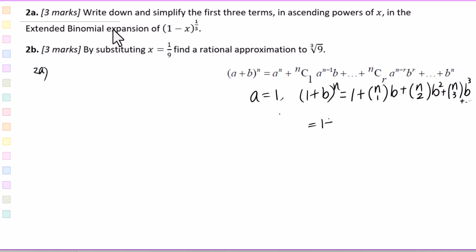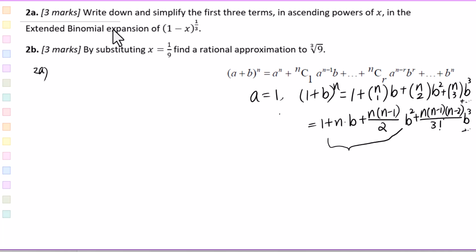Simplify: 1 plus n times b plus n choose 2, we can write down n times (n minus 1) over 2, b squared, plus n times (n minus 1) times (n minus 2) over 3 factorial, b to the third power, and so on. Normally we use the first three terms.